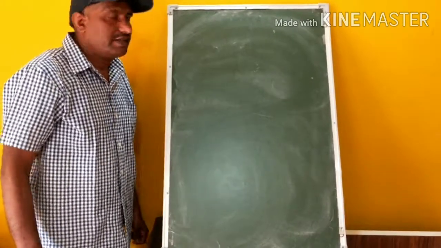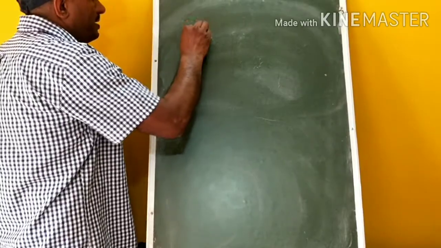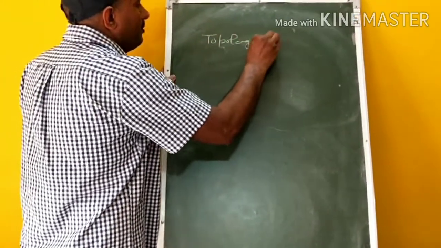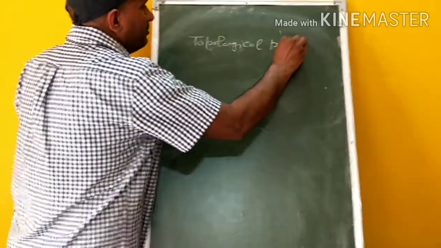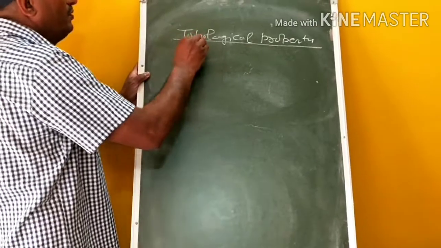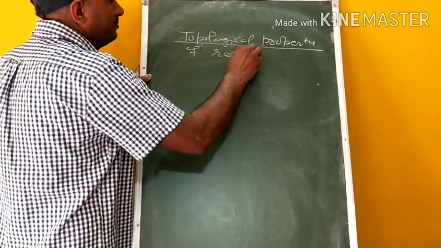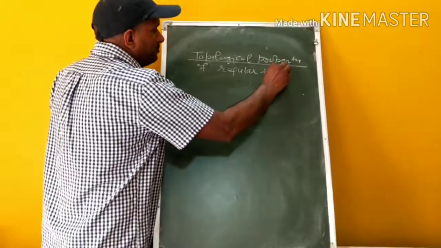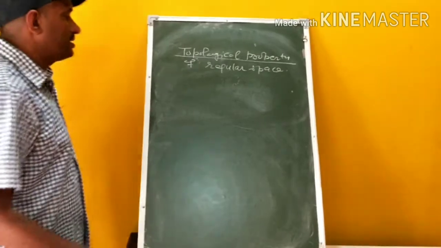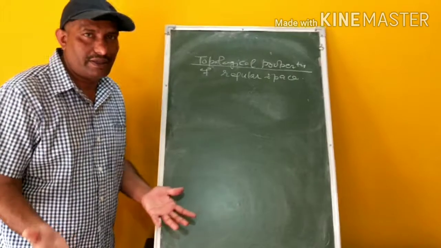Now we come to the topological property of regular space. In other words, you can say homeomorphic image of a regular space is regular.